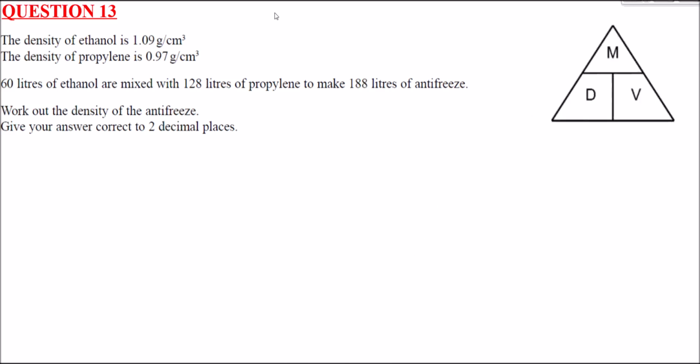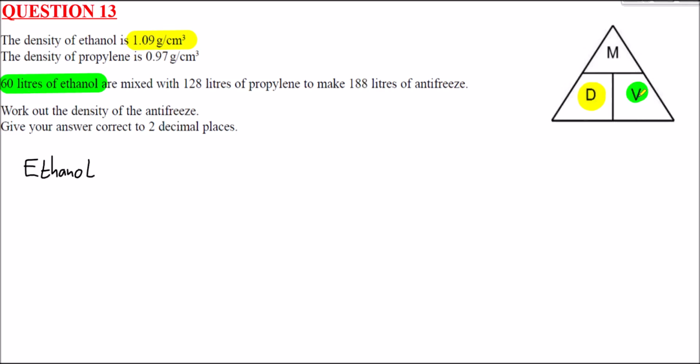So if I just bring this up here, we have that. So what we're going to do first of all is consider the ethanol separate to the propylene. So for the ethanol, we know the density of the ethanol is this. We also know the volume of ethanol, which is 60 litres.